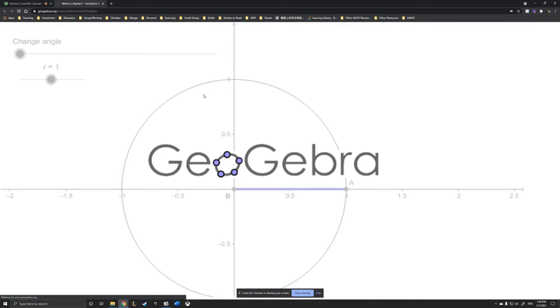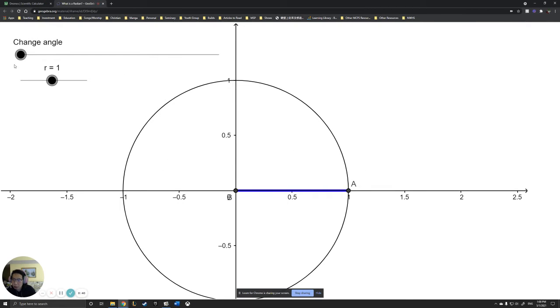So a radian, if you take a look here, right now this blue line represents the radius of the circle. Now, if I were able to bend and curve this radius a little bit, I want to see how much space, or what arc length, this radius would take up on the circle.